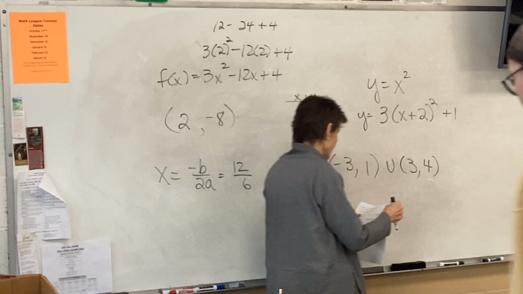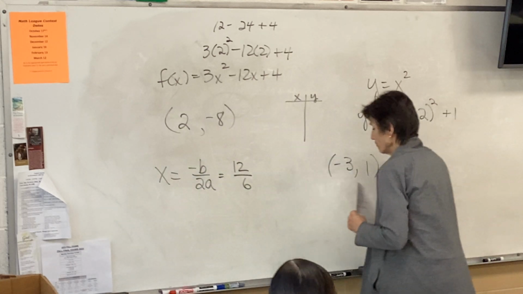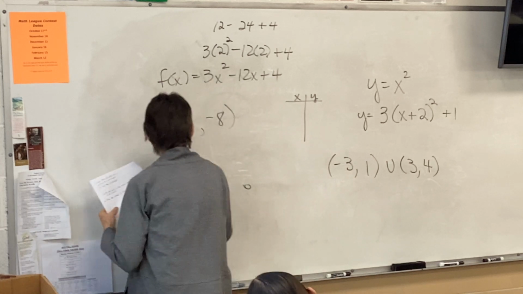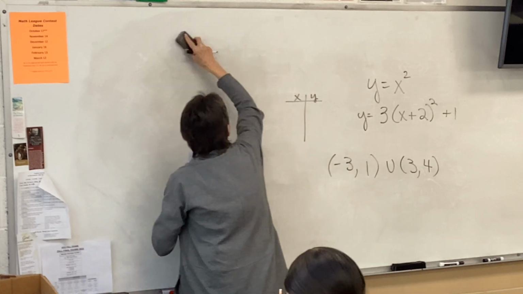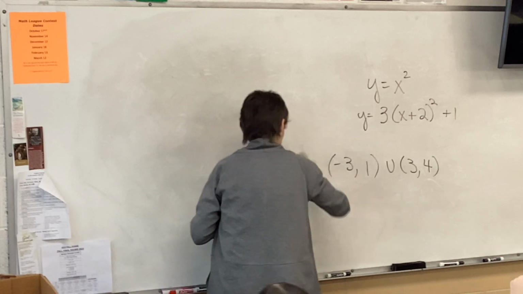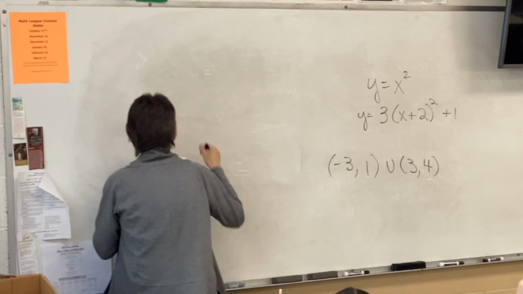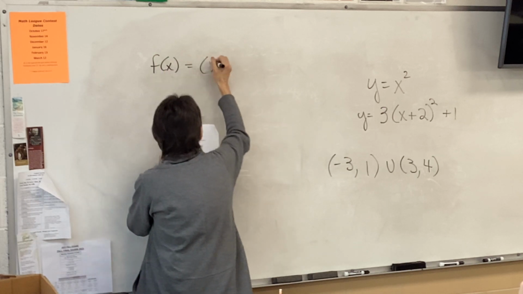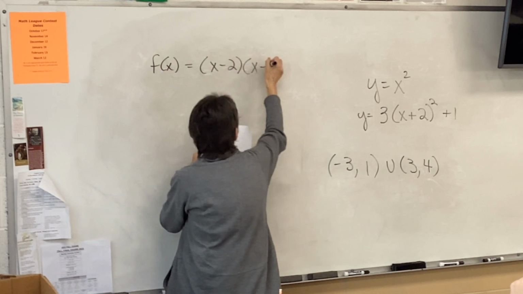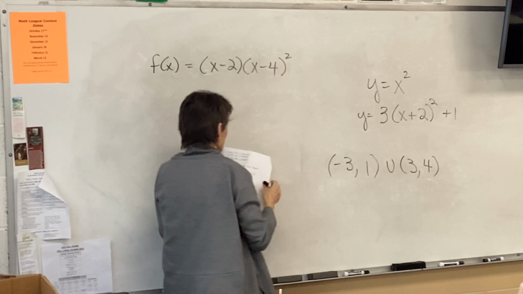All right. Given this, find the x-intercepts. Another word for x-intercepts is zeros. X-intercepts are zeros.